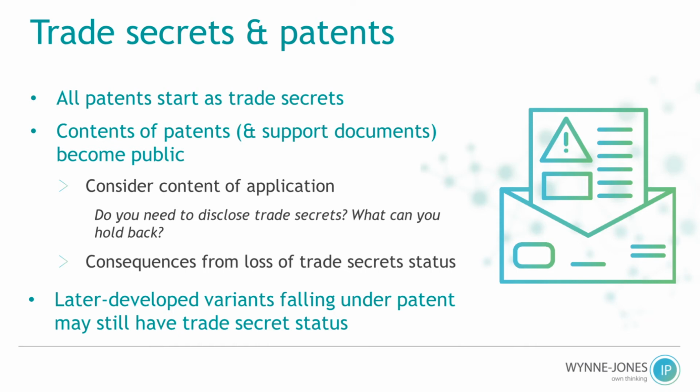So the interplay with trade secrets and patents can be quite interesting, where you have a later developed variant that falls under a patent. But because it's later developed and new, it may still have a trade secret status. A patent can cover a broader concept, whereas a specific implementation may be the subject of a trade secret.